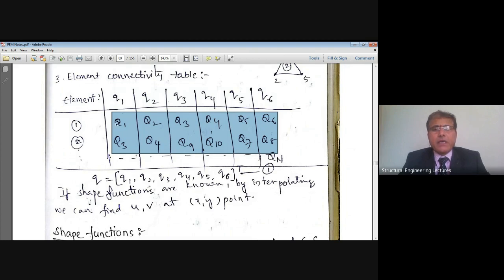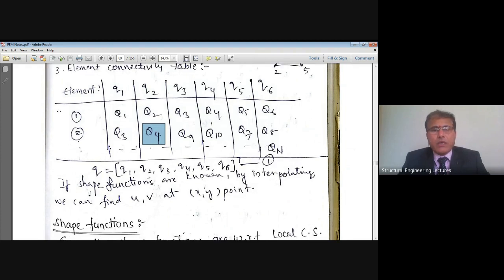For that first element, global degree of freedom 1 is local degree of freedom 1, global degree of freedom 2 is local degree of freedom 2, and so on. For the second element, the local degree of freedom 1 is global degree of freedom 3, similarly the local degree of freedom 2 is global degree of freedom 4, and so on, keeping in view the element nodes to which these are connected, right?